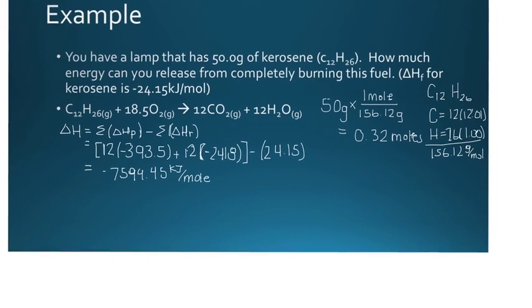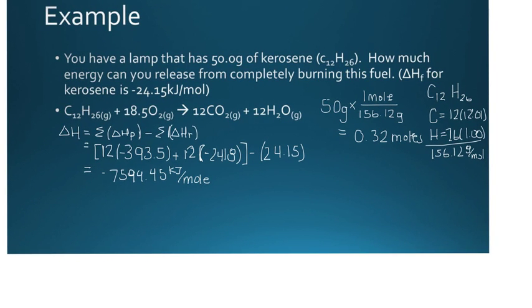We know that the number we found here is the number of kilojoules per mole. We only have this many moles, so I need to multiply those two numbers together to determine how many kilojoules of heat are being released by that kerosene.